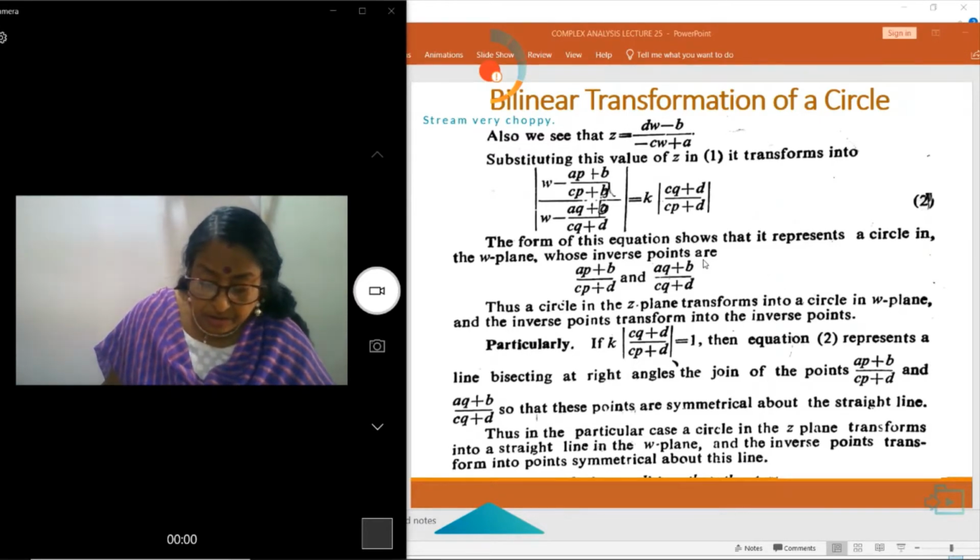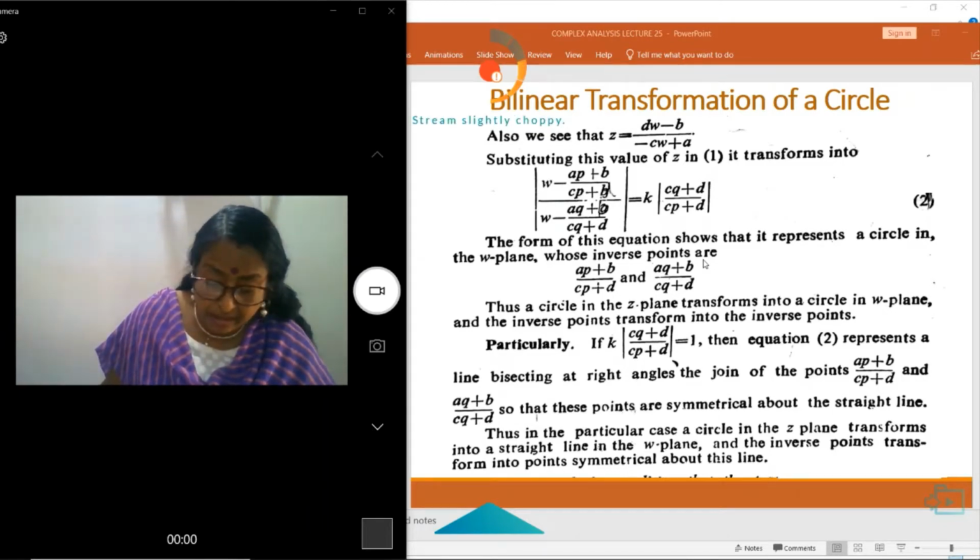Now, substituting these values of Z in equation 1, in place of Z we write the new values, and after calculation we get the modulus of W minus (AP + B)/(CP + D), divided by W minus (AQ + B)/(CQ + D), equal to K times |CQ + D|/|CP + D|.